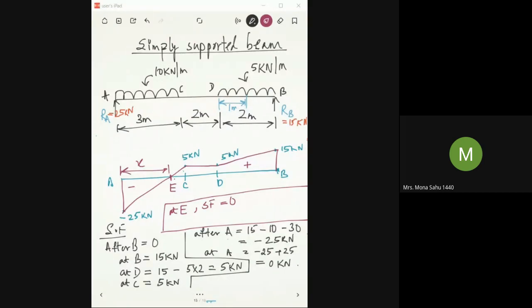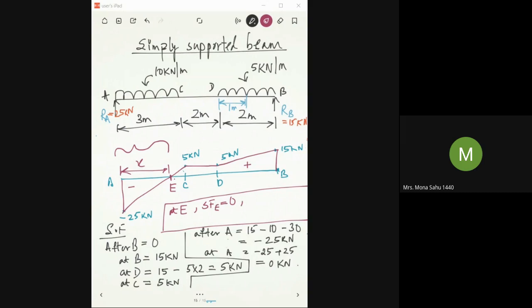So now let's take only this part of the diagram. Shear force at E is equal to 0. How do you write this?